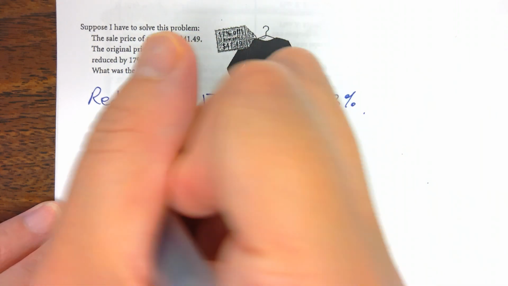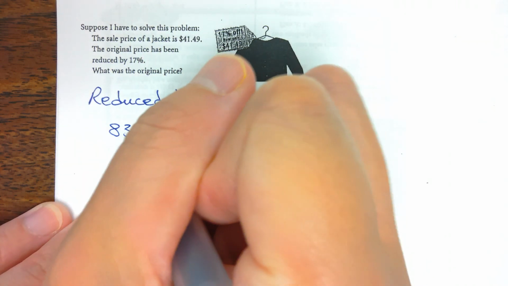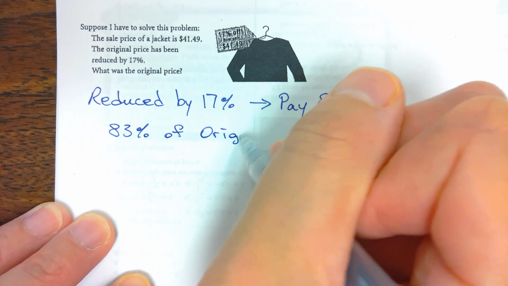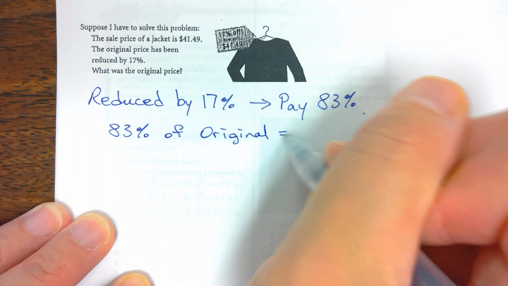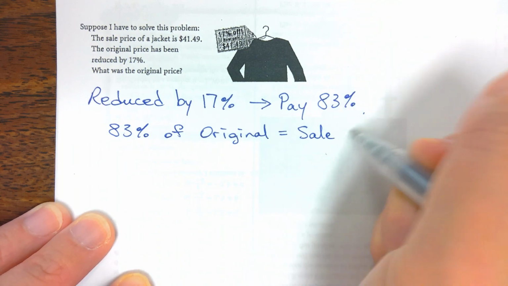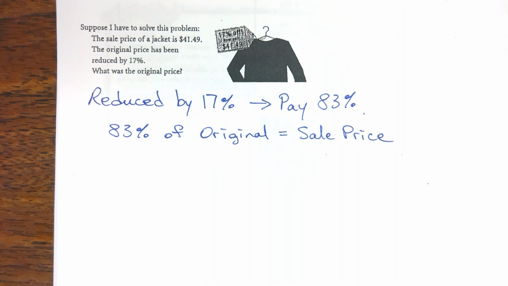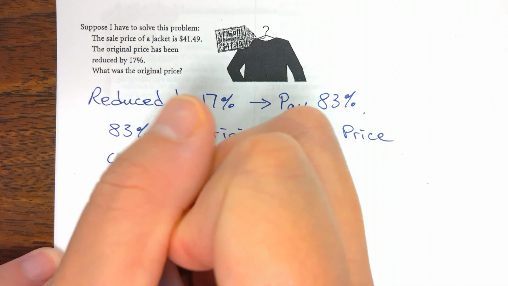Okay, so 83% of the original price will equal your sale price. Okay, so let's translate this with our 83% as a decimal. That would be 0.83.